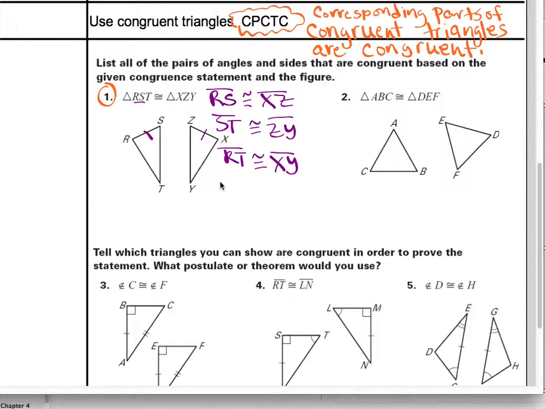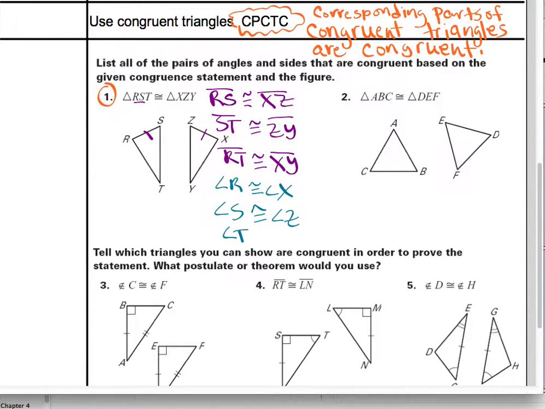And now I'll list the angles. The angles that would be congruent would be angle R congruent to angle X. Angle S would be congruent to angle Z. And I know these are separated triangles, which only has 1 angle at each letter. If it had more than 1 angle at each letter, I'd have to use 3 letters when I named it.